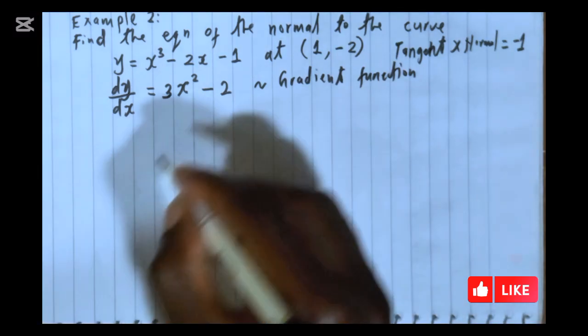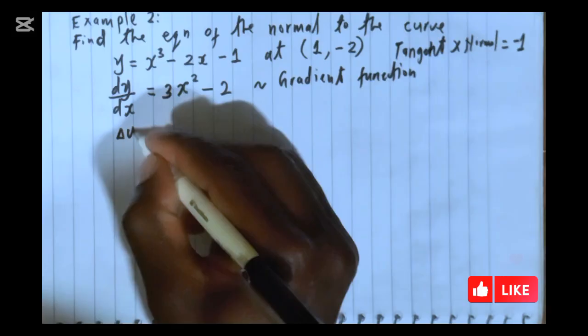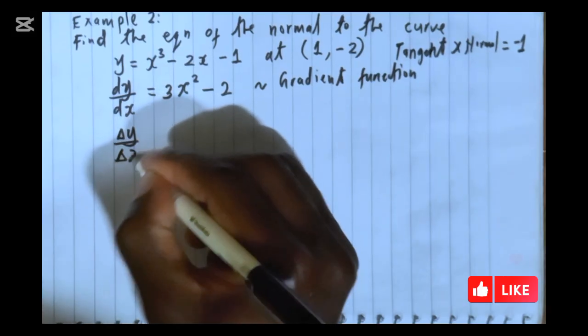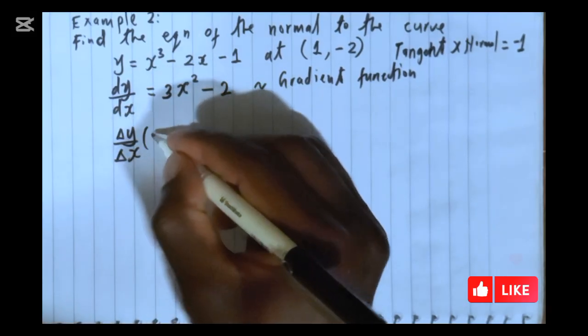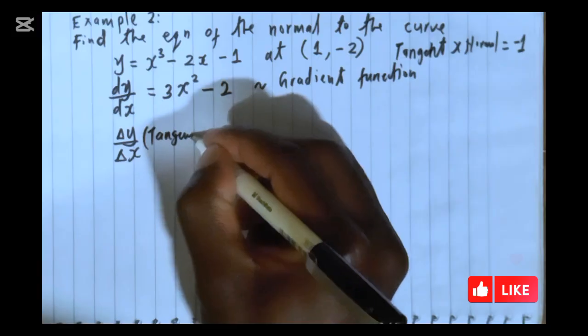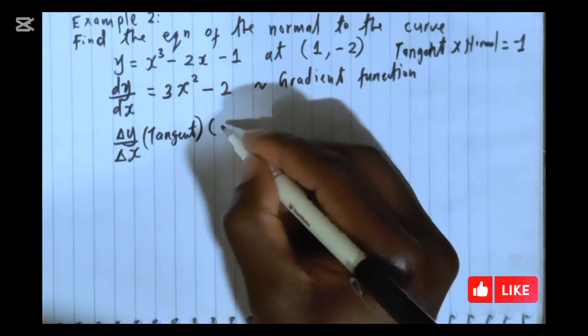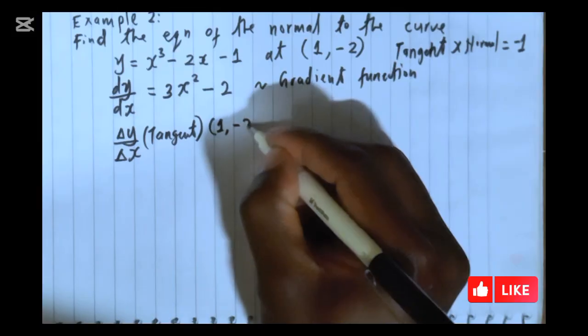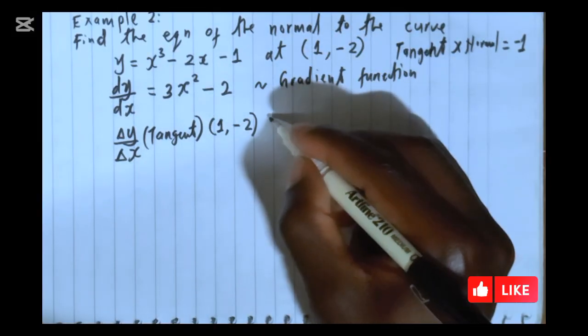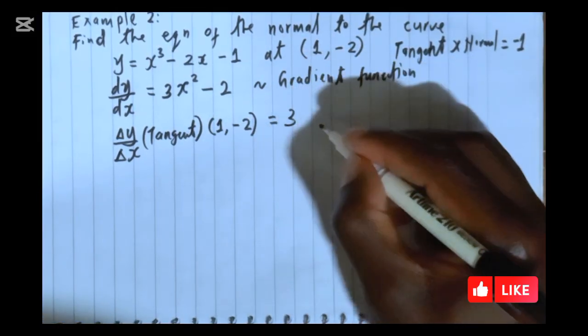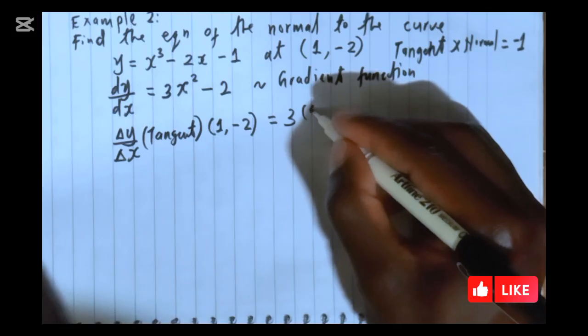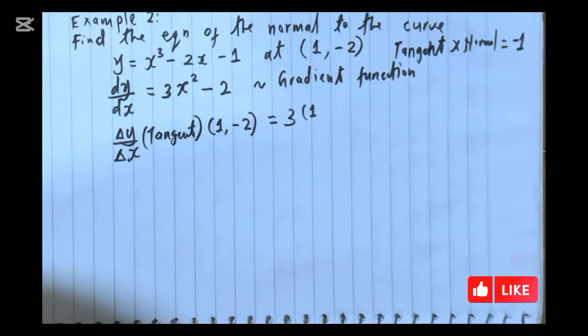All right. So basically, you're going to have that the gradient, that is change in y over change in x, of the tangent at that point of intersection will be equal to 3x squared minus 2, using the gradient function. The x coordinate is 1 there.